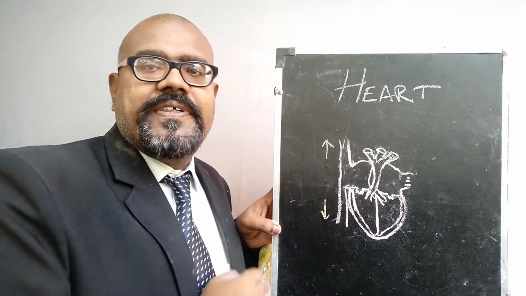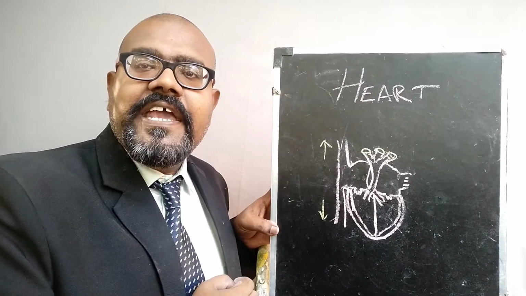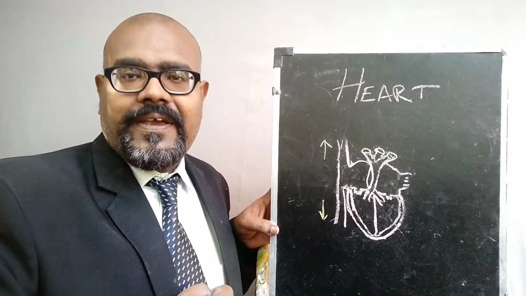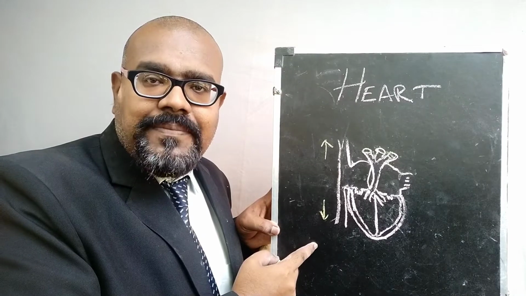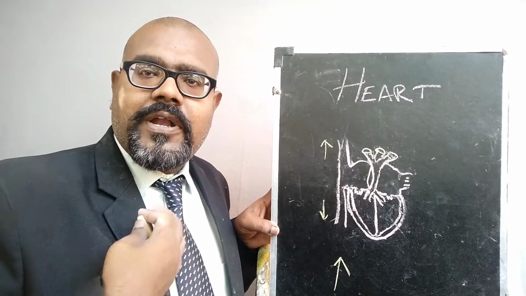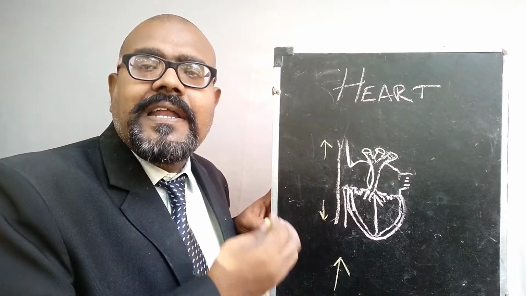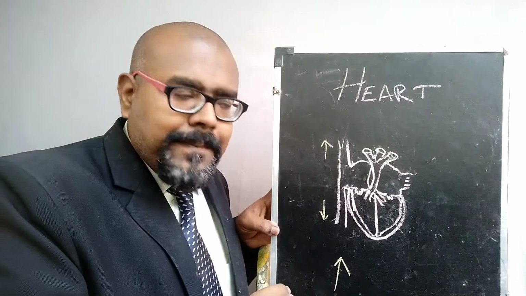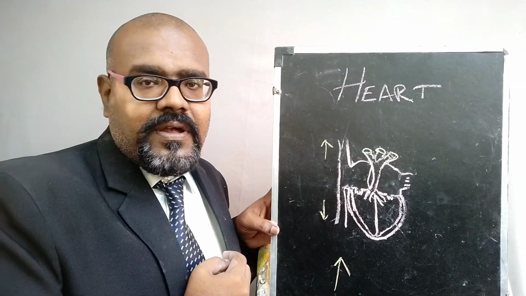What is the purpose of these? These vena cavas collect the deoxygenated blood from the human body. The inferior vena cava collects the deoxygenated blood, that is impure blood, from the posterior side, the lower part of the body.